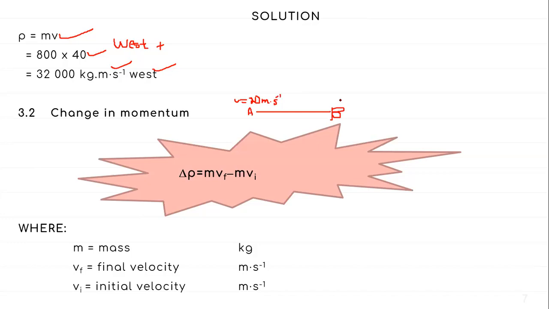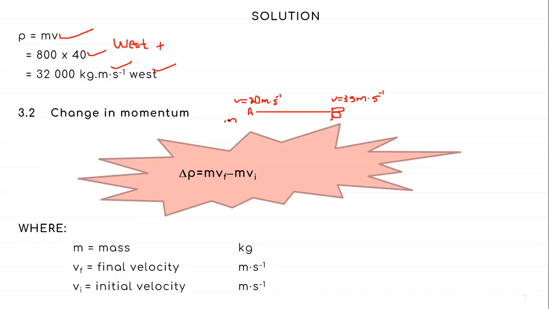But when it's at point B, it's traveling at 35 meters per second. Now, what does this mean? It simply tells me that the momentum of the object at point A is not going to be the same as the momentum of the object at point B.